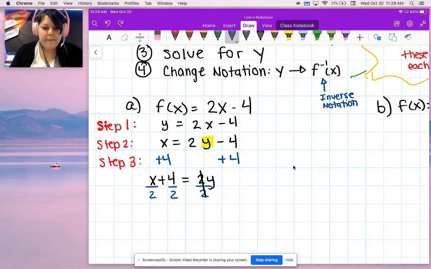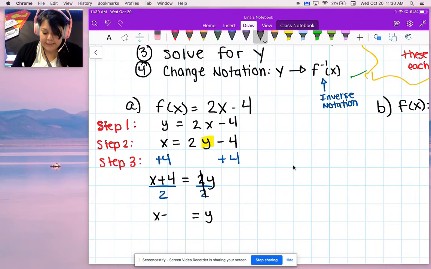But when we're verifying inverses, we don't want to do that. We want to leave it as a whole fraction. I don't know why. It just makes life easier. Okay, so we have y is equal to x plus 4 over 2.